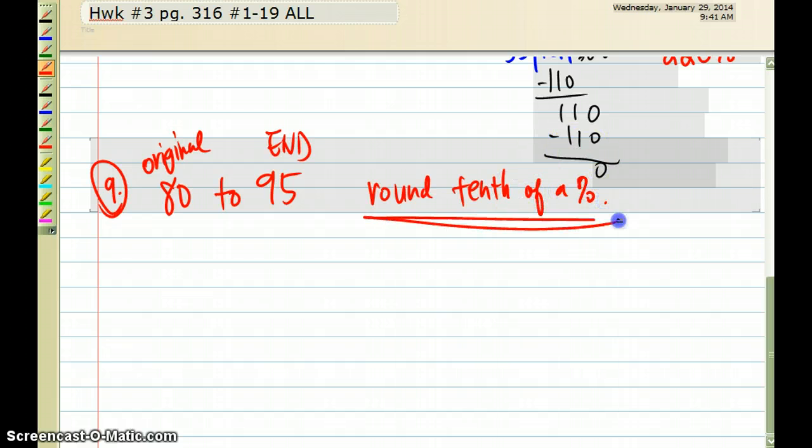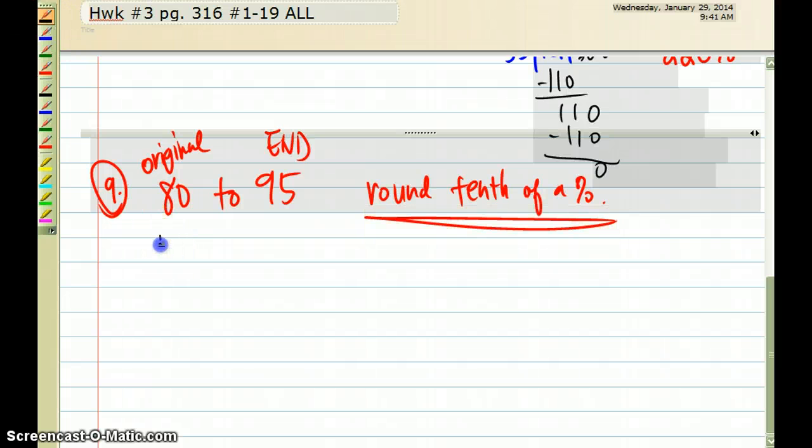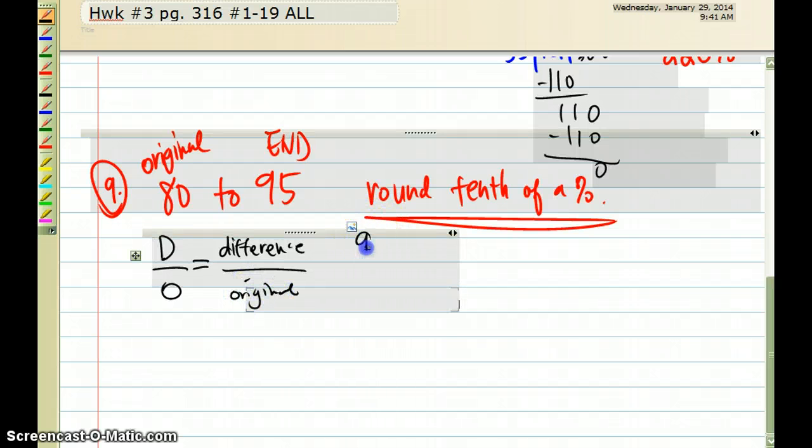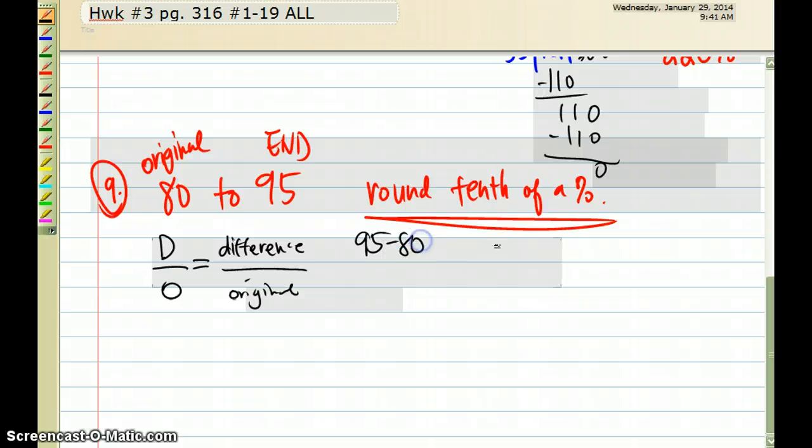Okay, so let's focus on the rounding for this question, because I think I might have to do that. So I'm going to do D over O, which stands for the difference over the original. The difference here is 95 minus 80, which is 15.